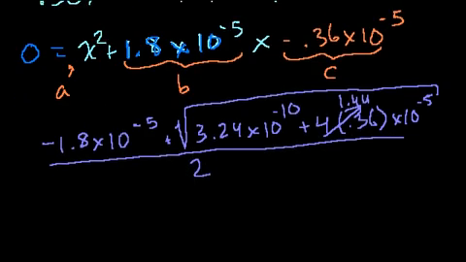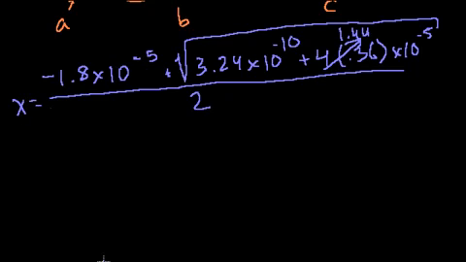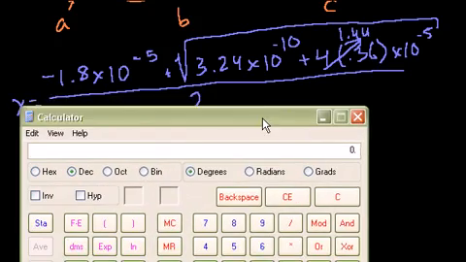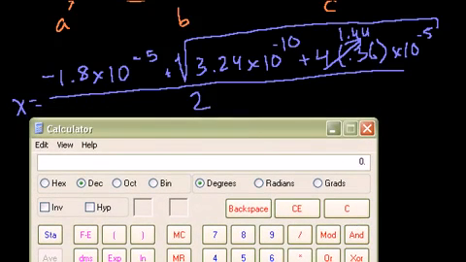So let's see. This is my x value, my concentration of OH. So I have 3.24 times 10 to the minus 10, that's that, plus 1.44 times 10 to the minus 5 is equal to that.